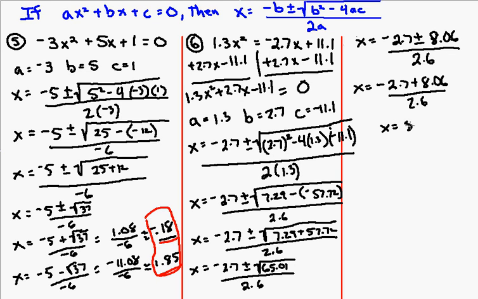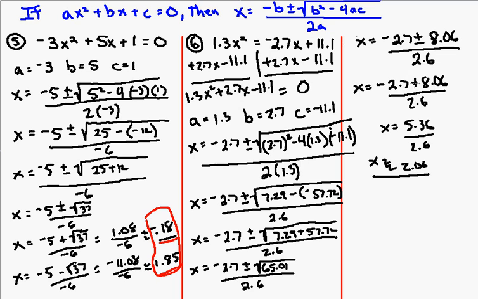So x is equal to 5.36 over 2.6. So if I divide that by 2.6, I get 2.06. So x is approximately 2.06. That's one of the answers.